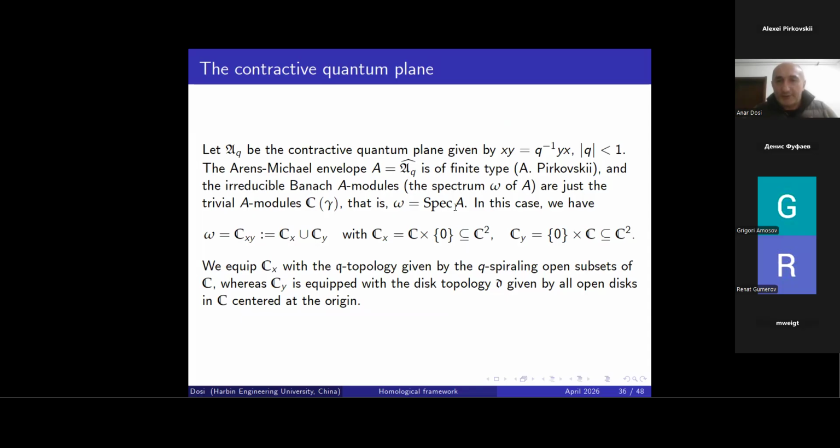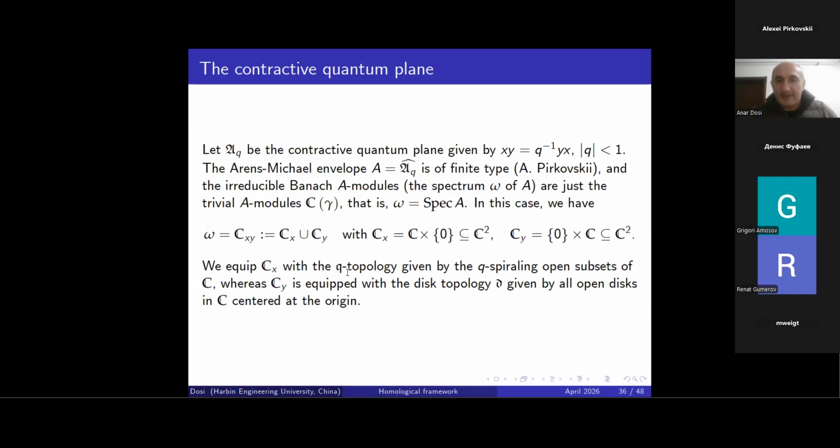But if q is less than 1, for example, as an omega we can choose the spec. Actually, all irreducible Banach modules are just one-dimensional, just trivial modules. In this case, we know the precise structure of omega.